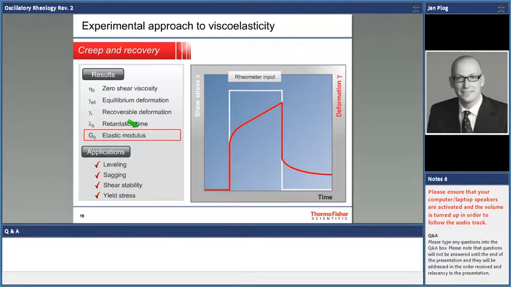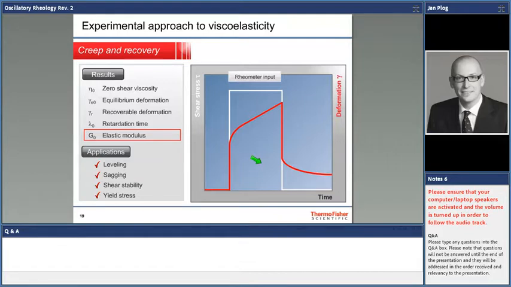However, this elastic modulus gives you only the information on how elastic does my system react towards very small stresses. Again, don't forget we work at very, very small stresses here. So I want to stress that again.